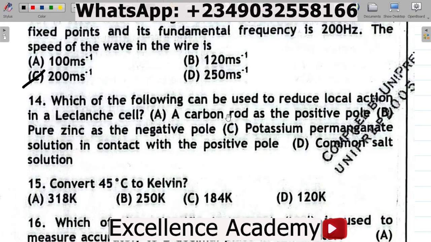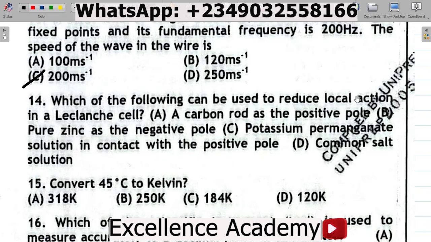The correct answer is C, potassium permanganate solution in contact with the positive pole. Before I explain this, you need to understand what local action means. Local action is simply an unwanted side reaction of a cell where impurities in the zinc electrode react with the electrolyte, causing corrosion and reducing the cell's efficiency.